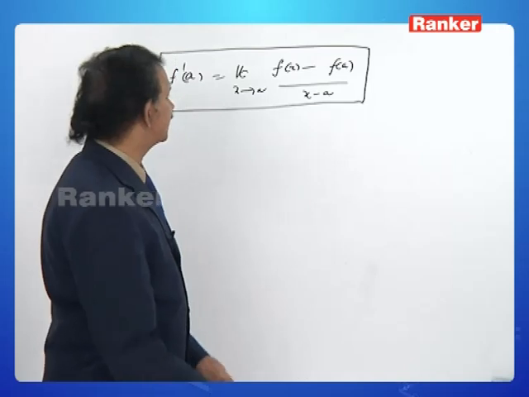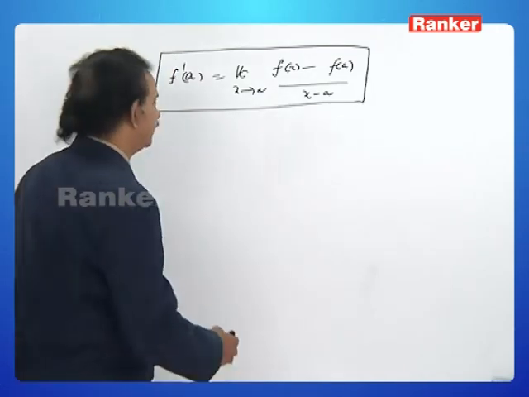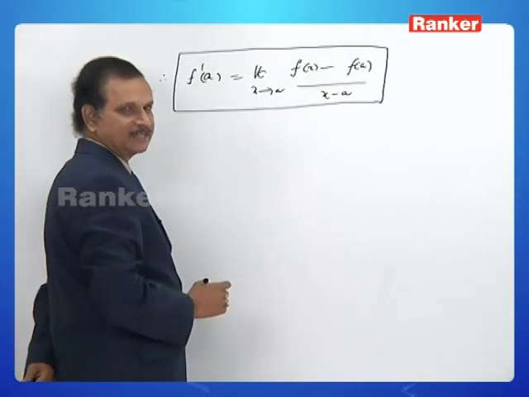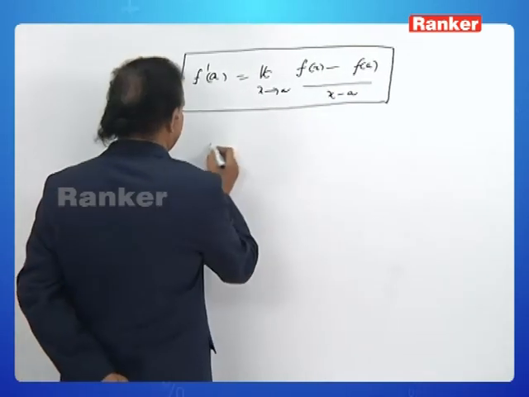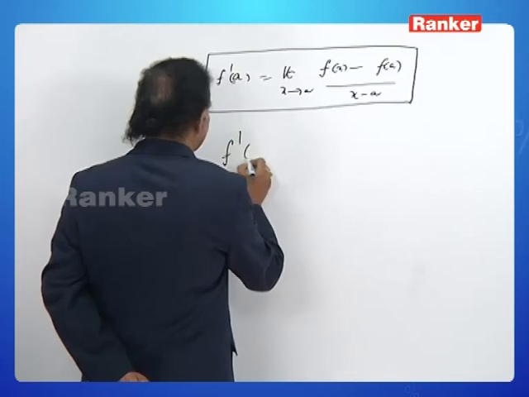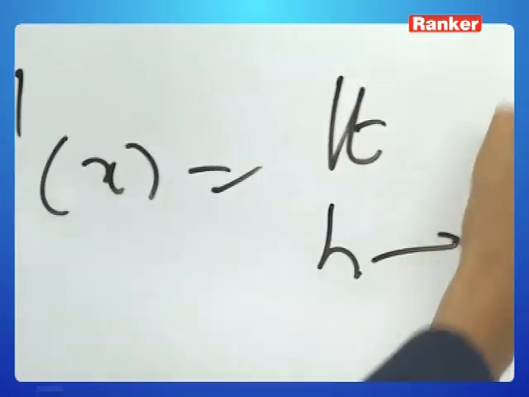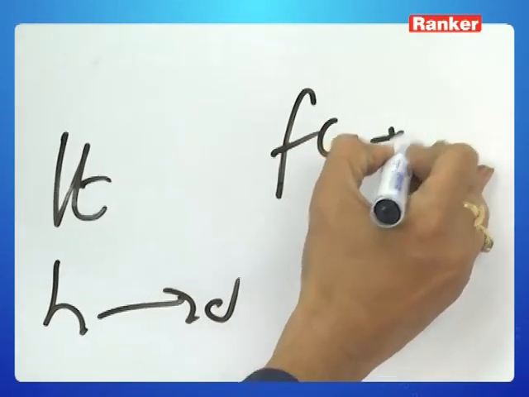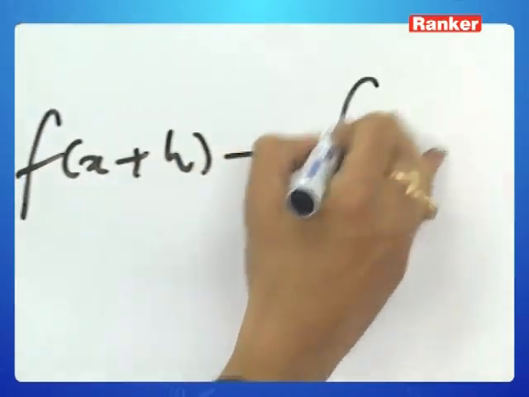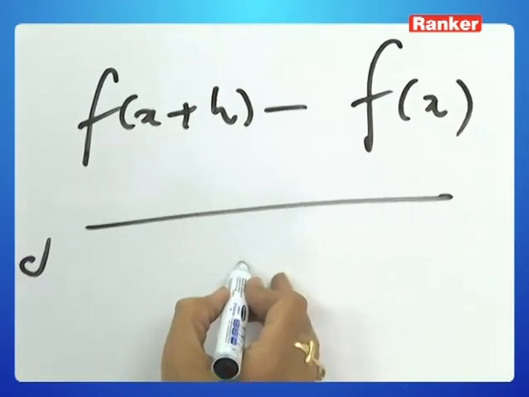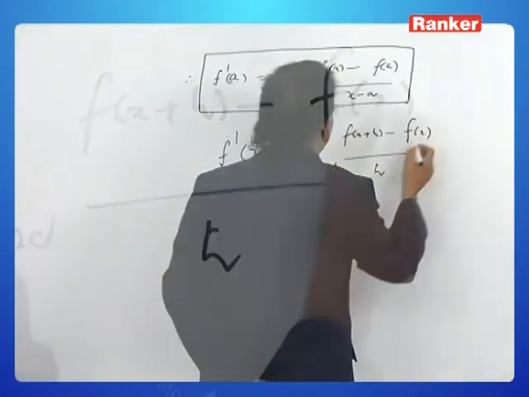And in this particular definition, if you take A as x and x as x plus h, then f dash of x is equal to limit as h tends to 0 of f of x plus h minus f of x by x plus h minus x, which is h.